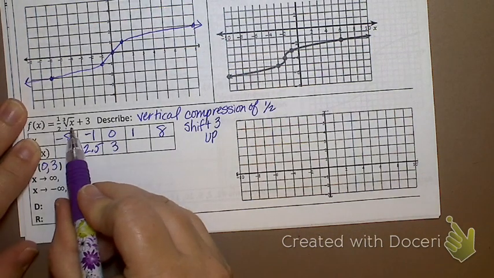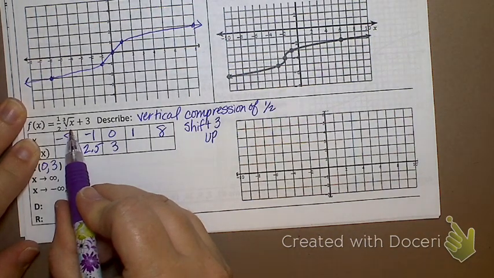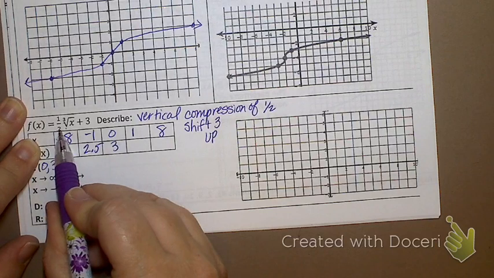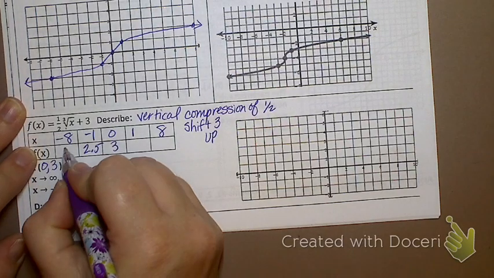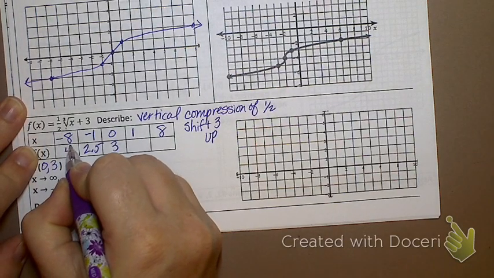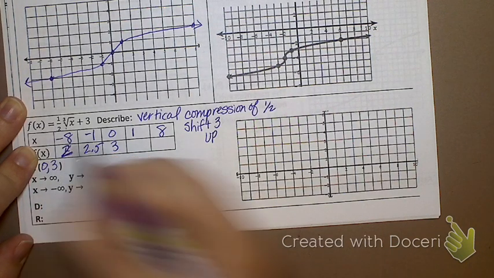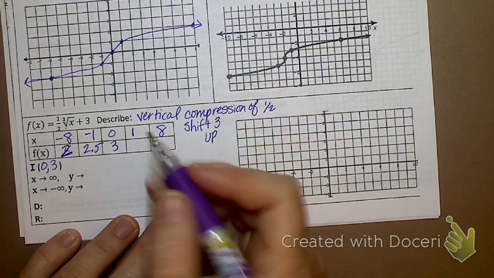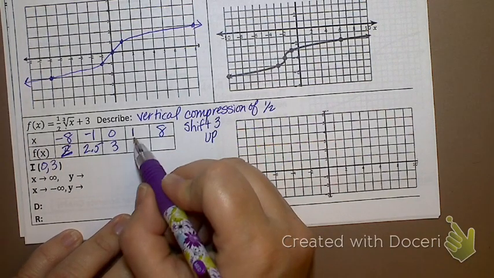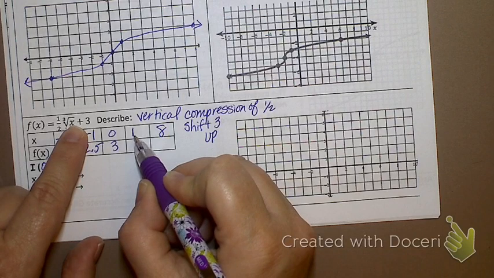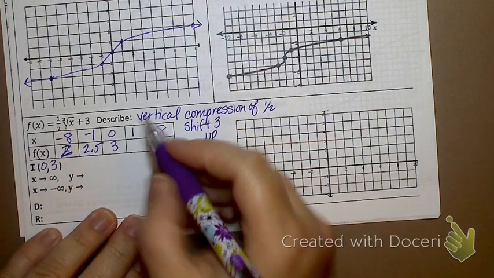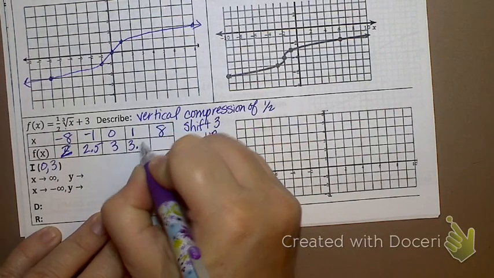-8, cube root of -8 is -2 times 1/2 is -1 plus 3 is 2, right? Keep checking on me. All right, cube root of 1 is 1 times 1/2 is 1/2 plus 3 is 3.5.